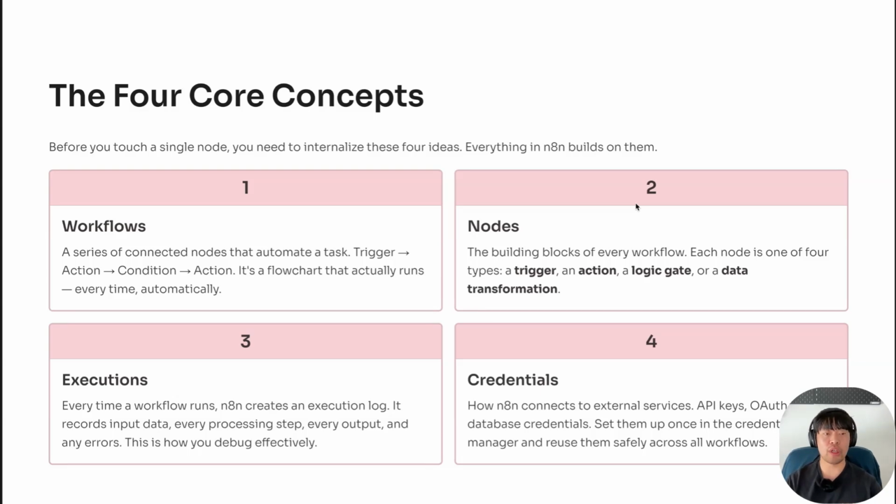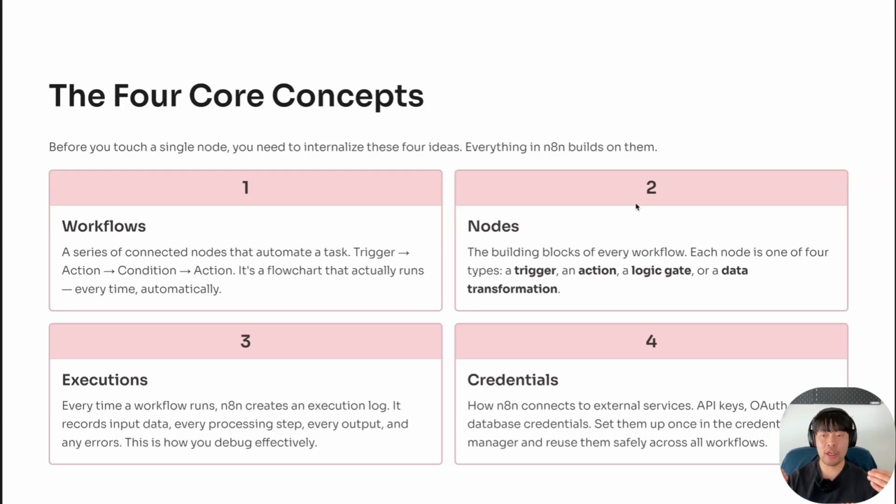Going back to number 1, workflows. We call a workflow a series of connected nodes that automate a task. Like I said in the previous slide, trigger, action, condition, processing, and sending data is a flowchart that actually runs. And nodes are the building blocks of every workflow.